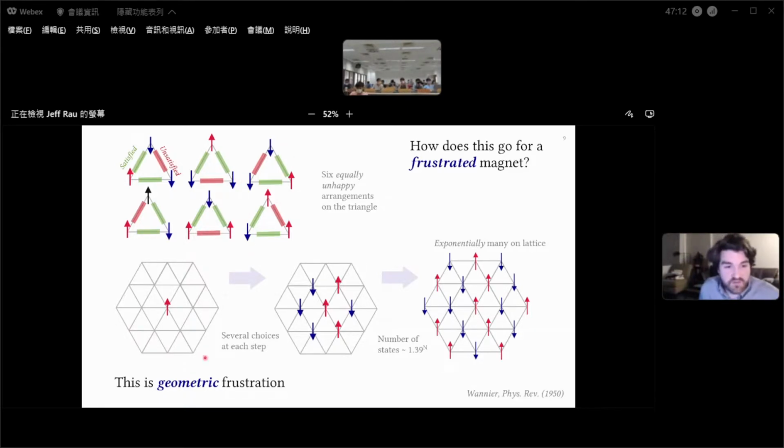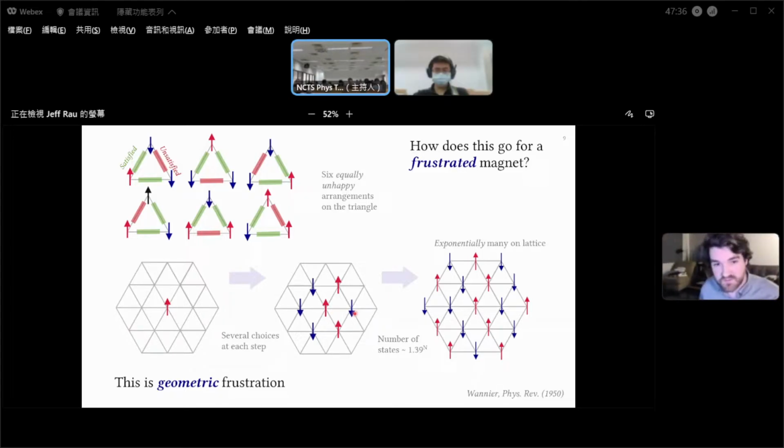If I still try to fill out a lattice of triangles with spins like this, you quickly realize that there are many, many ways to do it, right? If I put an up spin here, I can fill out these surrounding triangles, keeping everything equally maximally happy, but still mostly unhappy in many different ways. And as I keep filling out the lattice, the number of choices I get to make as I go outward from this central spin does not seem to decrease, right?